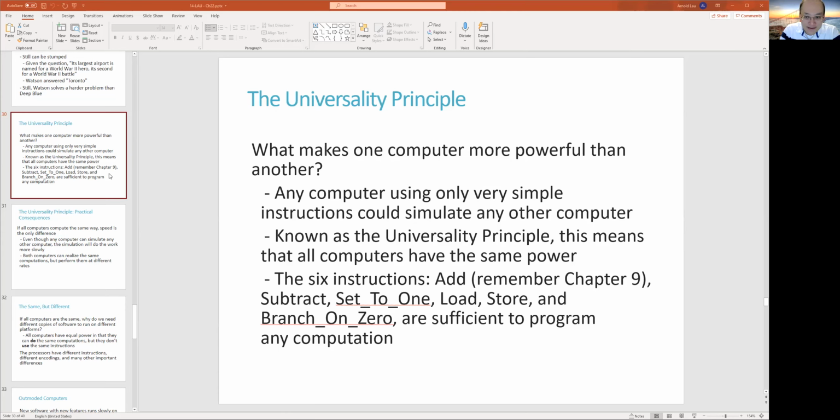But basically, there's this idea of universality that says that one computer can do what another computer can do, essentially, right?